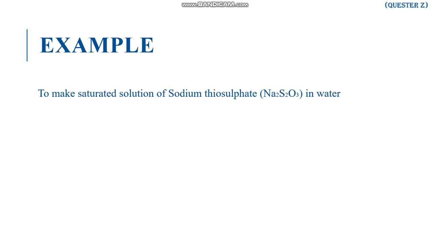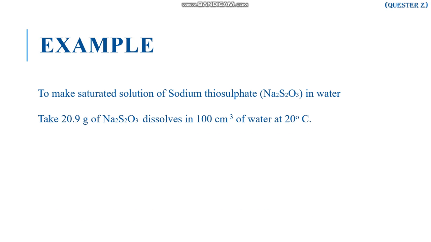For example, to make a saturated solution of sodium thiosulfate in water, these are the basic ingredients that are required. Take 20.9 gram of sodium thiosulfate and dissolve it in 100 centimeter cube of water at 20 degrees centigrade. These are the ideal conditions: at 20 degrees centigrade, the maximum capacity of solute to be dissolved in 100 centimeter cube of water is 20.9 gram.